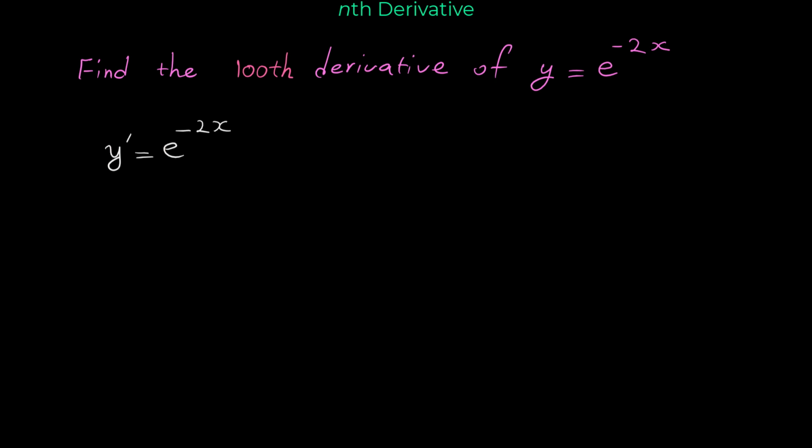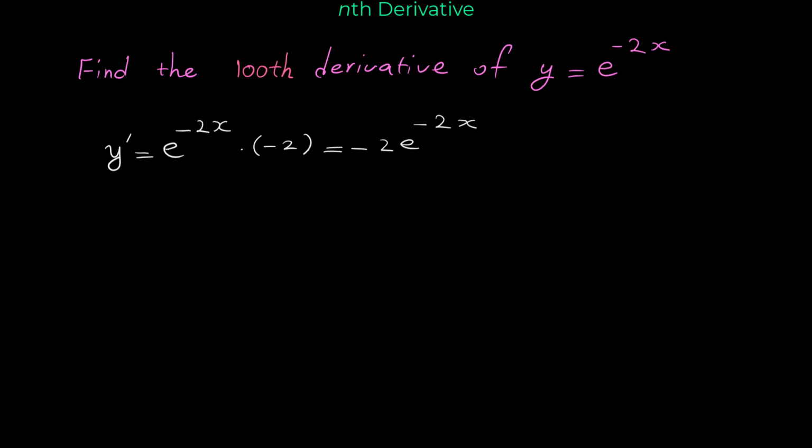The derivative of e to the negative 2x is itself times the derivative of the inside. The inside is negative 2x and the derivative of negative 2x is negative 2. So y prime is negative 2 e to the negative 2x. We can put this coefficient in front. This is the first derivative.